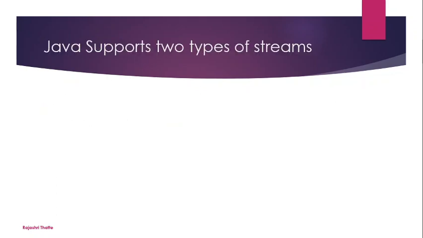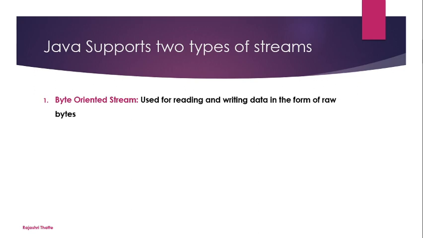Java supports two types of streams. So there are two technologies by which these streams are handled. First is byte-oriented streams. These byte-oriented streams are used for reading and writing data in the form of raw bytes. So whatever data we are either reading from an input device or writing to an output device, this reading and writing of the data we carry out byte by byte.